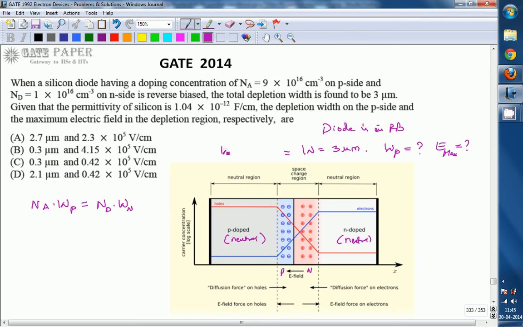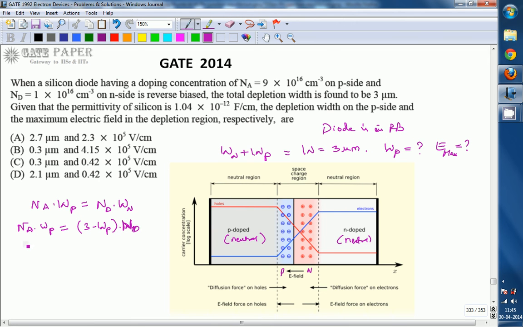Total width of the depletion region is Wn plus Wp, which is given as 3 micrometers. So you can express Wn in terms of Wp as 3 minus Wp. So Na into Wp is equal to Nd into (3 minus Wp).